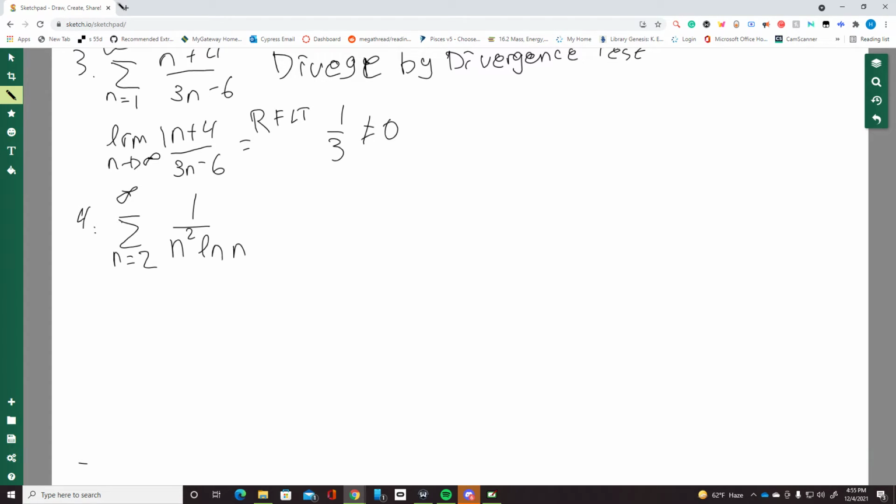If we try to use the divergence test, we take the limit as n goes to infinity of 1 over n squared ln n, and we can see that this goes to 0. So the divergence test does not work for this question. So we should try another thing.